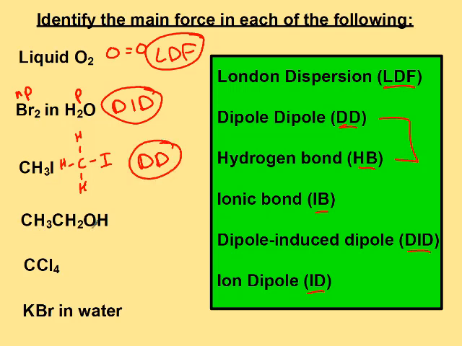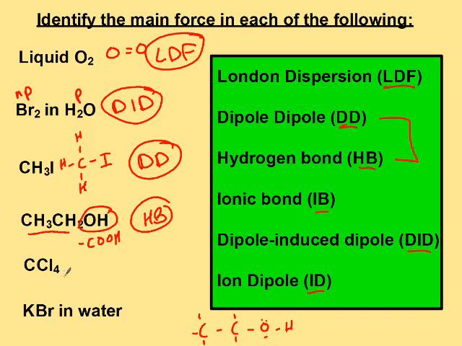For this next one, we have a large carbon chain with oxygens coming off, and then an O and an H. You don't have to draw that out. If you see a carbon chain ending in OH or COOH, that's going to be hydrogen bonding each time because that O is attached to the H. And you have more than two elements, so it's going to be polar.